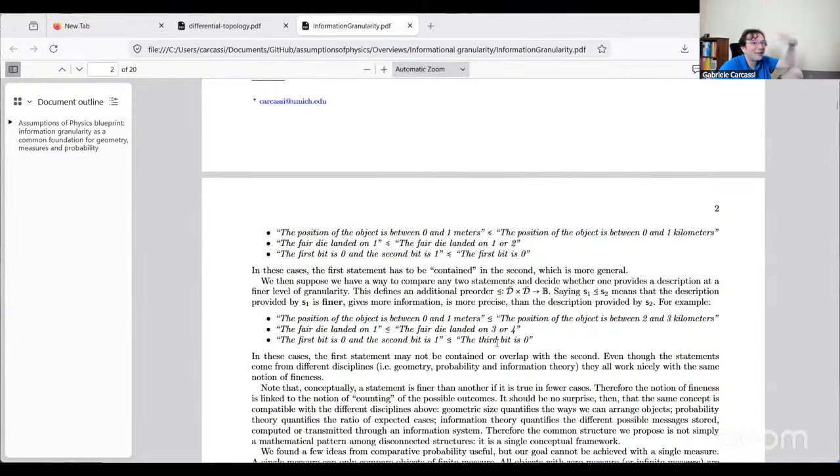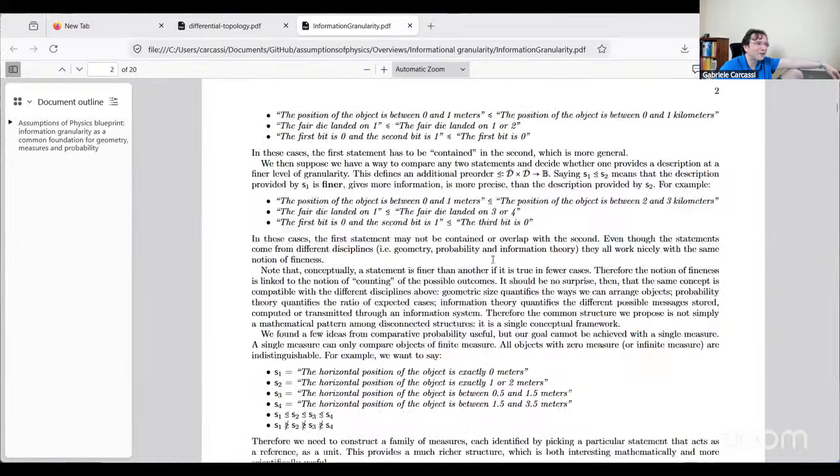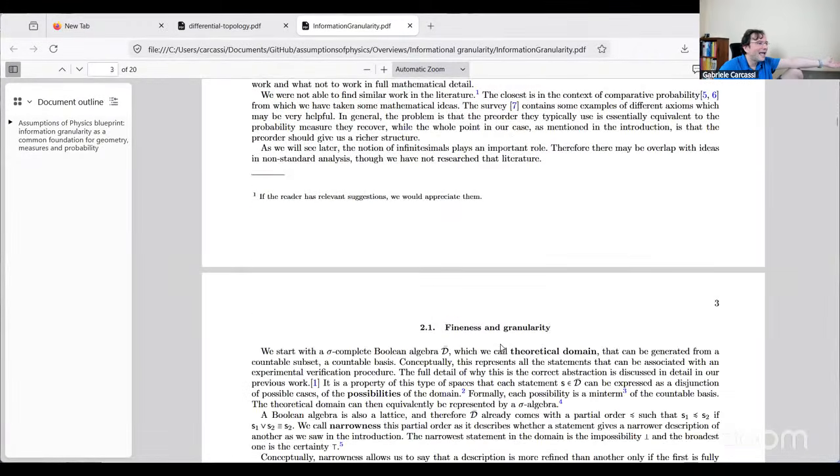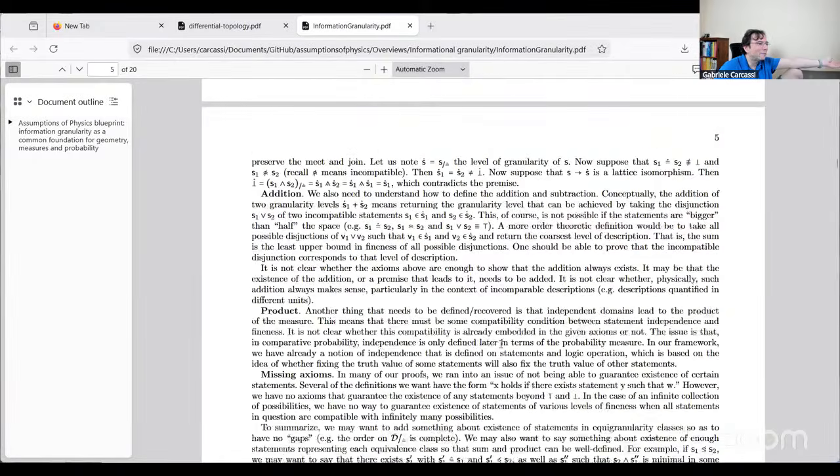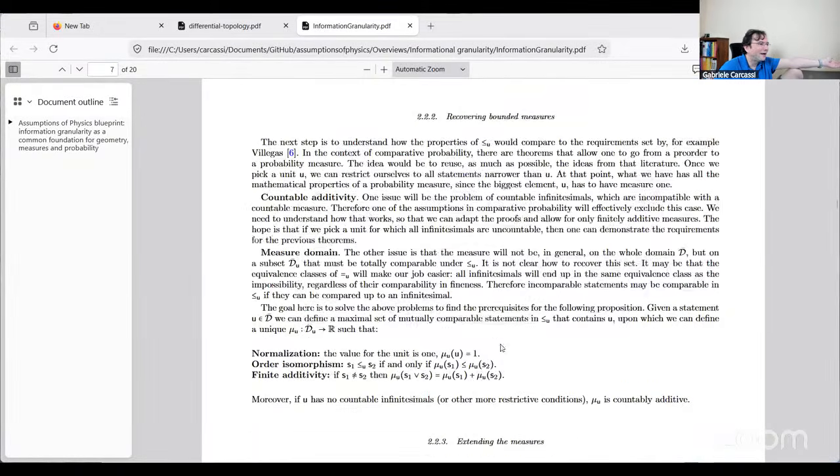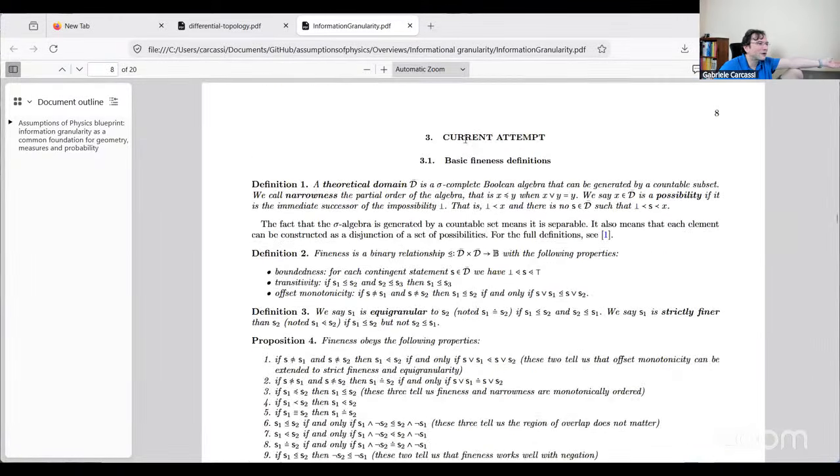So all these geometric, information theoretic, and probabilistic things are related to each other. And so the idea is we need to define this thing, and I did have some idea of the current attempt.